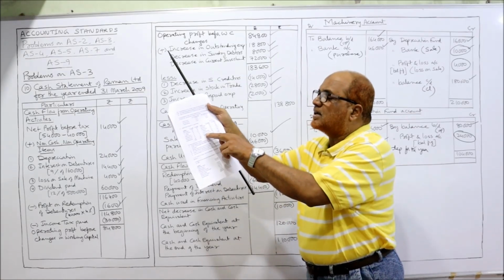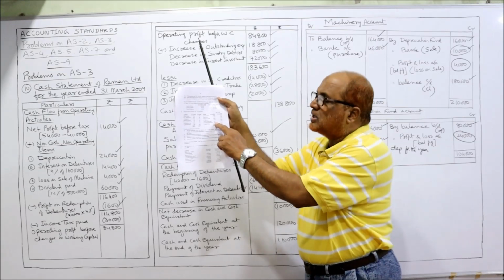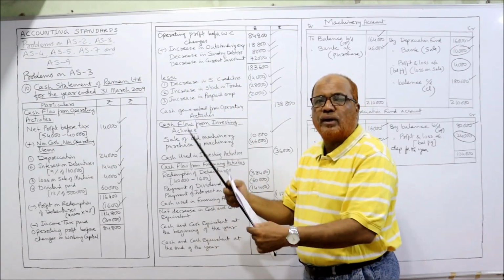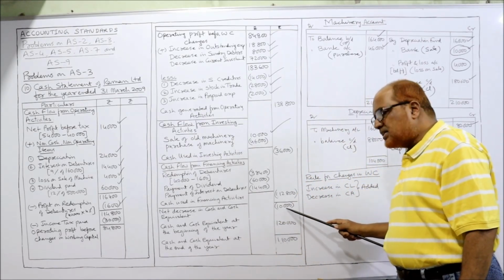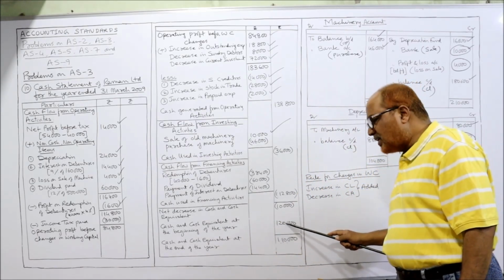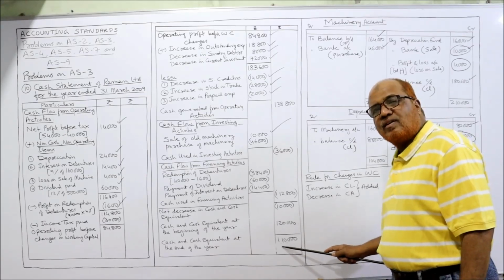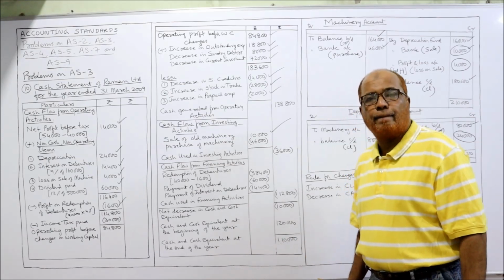Last year, how much is the cash balance? Cash and bank balance last year 1,20,000 given in the balance sheet. That 1,20,000 I have taken. Now minus 10,000 plus 1,20,000, you will get 1,10,000. This 1,10,000 is the cash and cash equivalent at the end of the year.